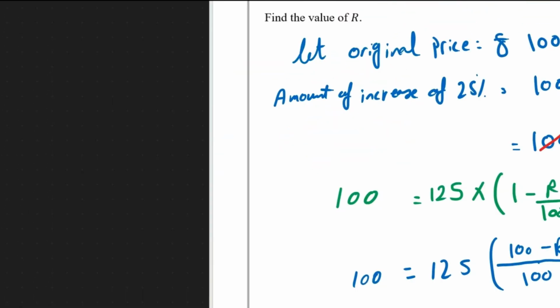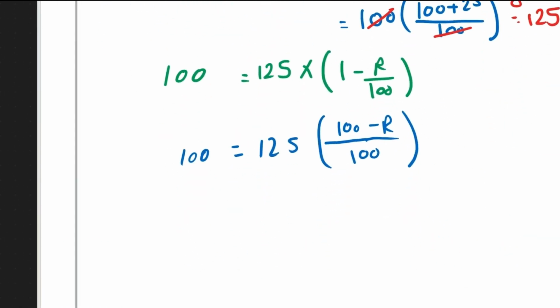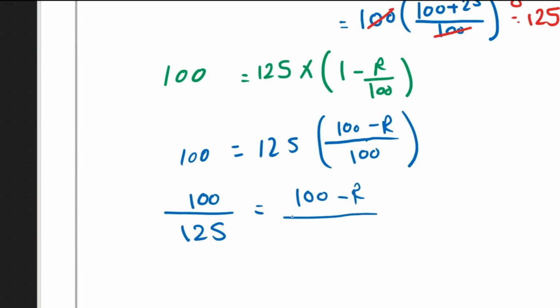Now, in order to rearrange this one, we need to bring 125 to the other side. How to do this one? Here it's multiplied. If we need to bring it over to the other side, it must be divided. So that means it would be 100 divided by 125 equals 100 take away R divided by 100.